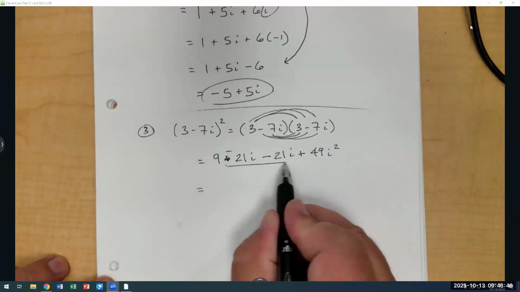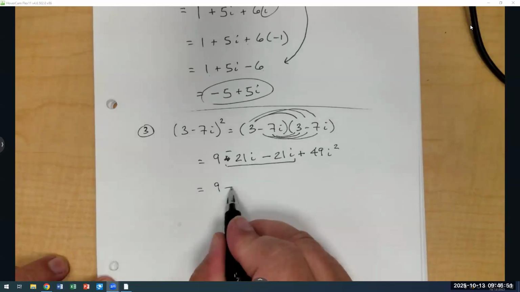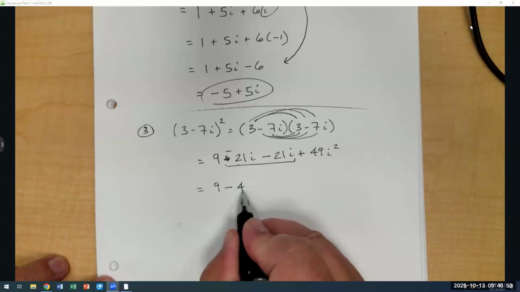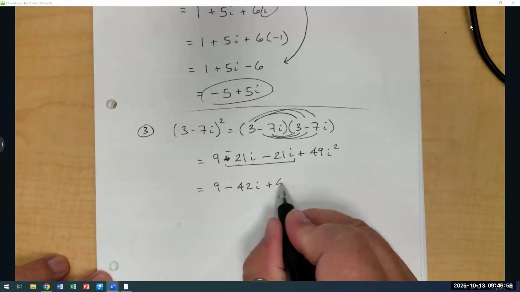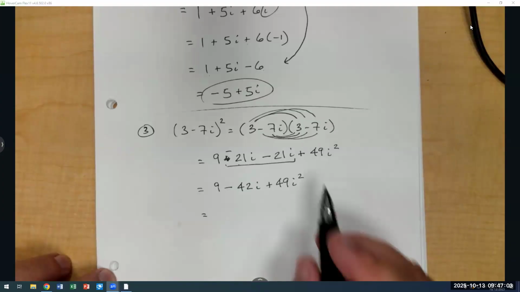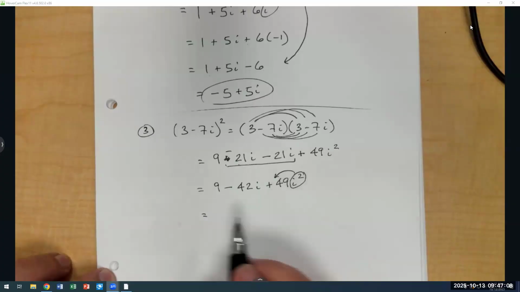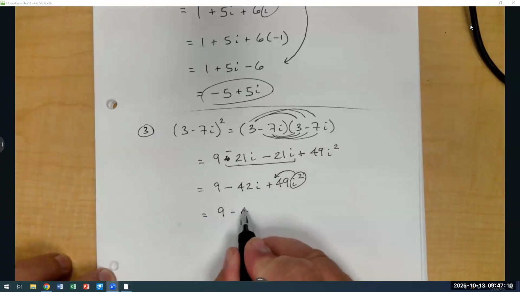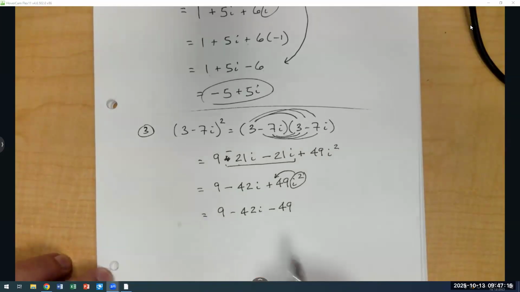Combine like terms. We have 9, negative, negative, both negatives. 21 plus 21 makes it 42i, plus 49i squared. i squared changes the sign of that 49 from positive to negative, because i squared is -1.